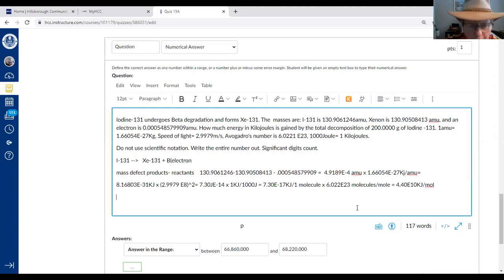Then I have 200 grams of iodine times 1 mole divided by 130.906 grams.